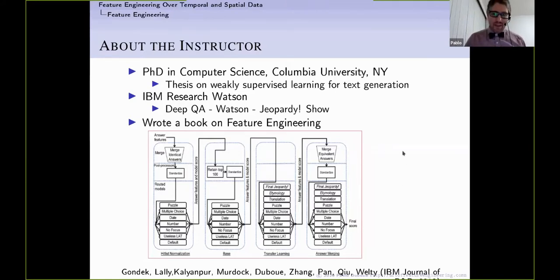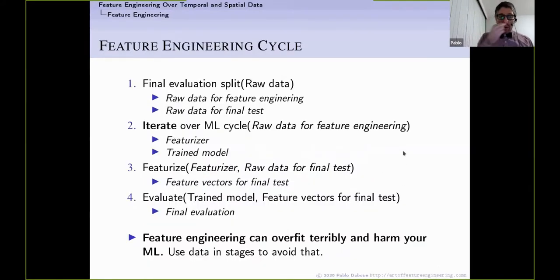All right, so the feature engineering cycle I propose is a cycle that contains the normal training of a model and testing on held out data within the whole cycle.